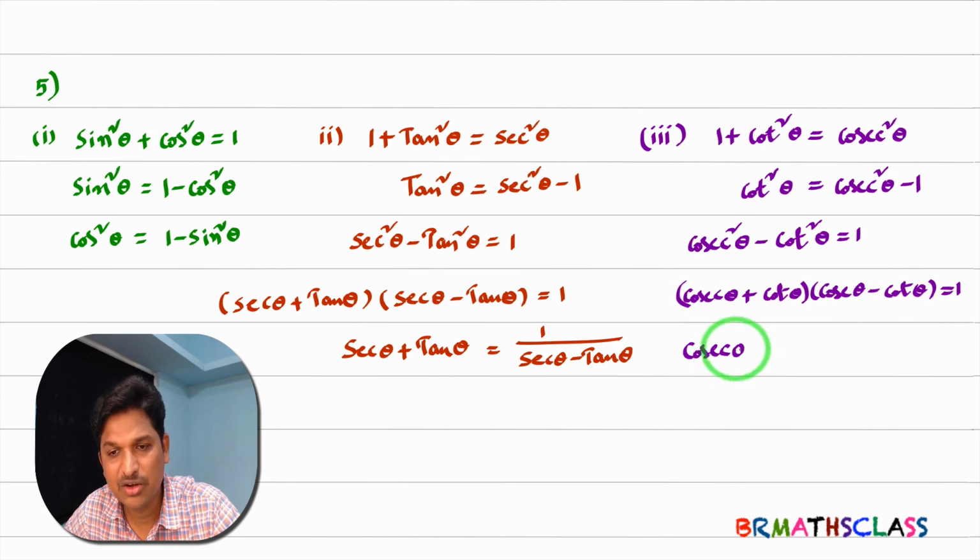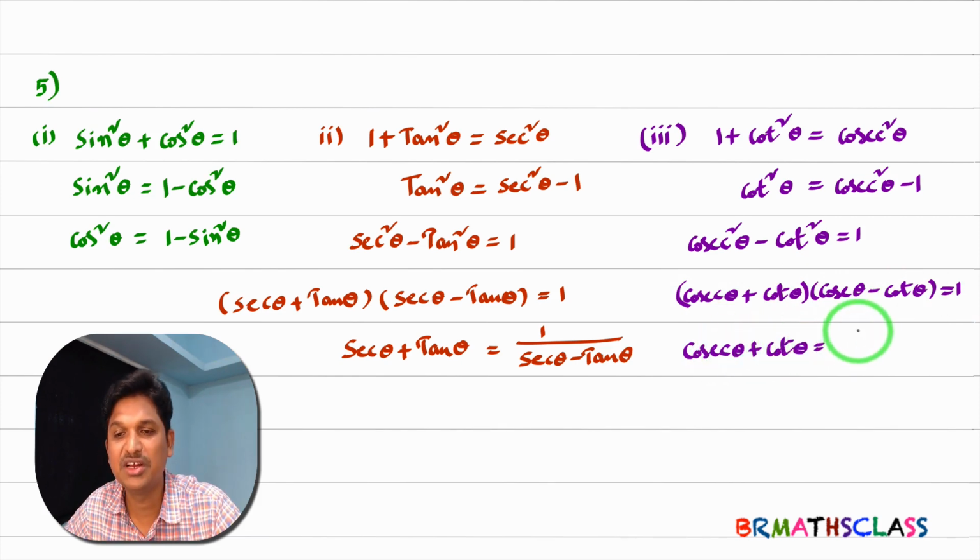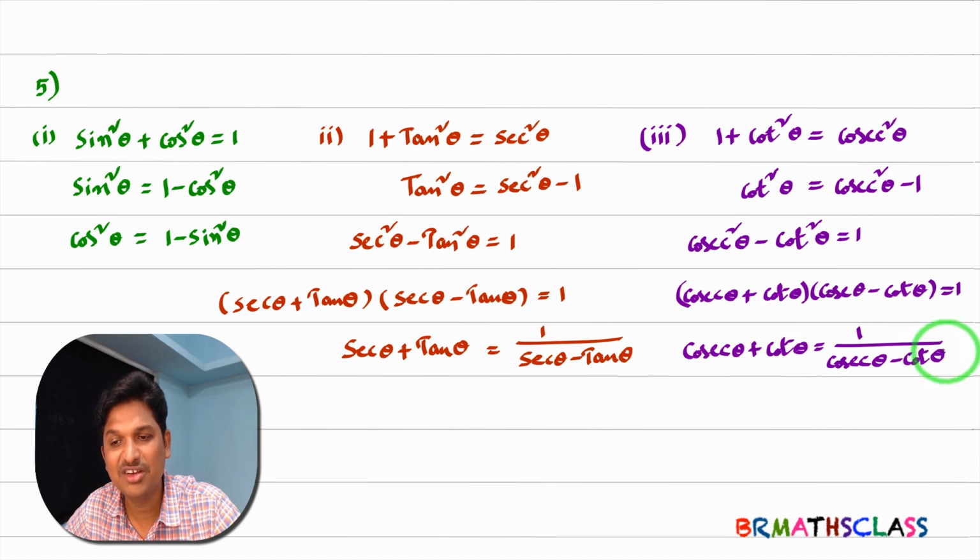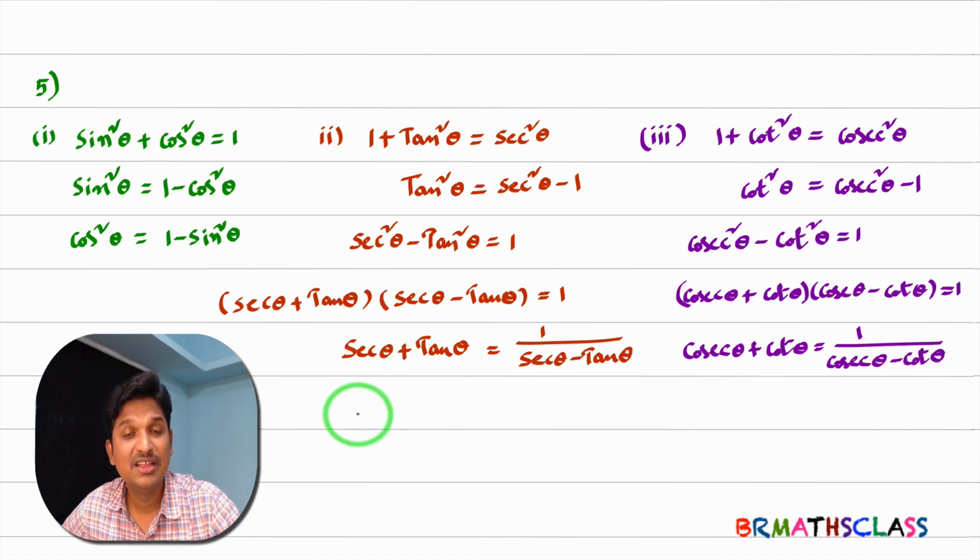From this you can write cosecant theta plus cot theta. What is cosecant theta plus cot theta? That equals 1 divided by cosec theta minus cot theta. These are the formulas we use very frequently. Only thing is, have patience. Practice all these formulas. Now we will go to the 6th set of formulas.